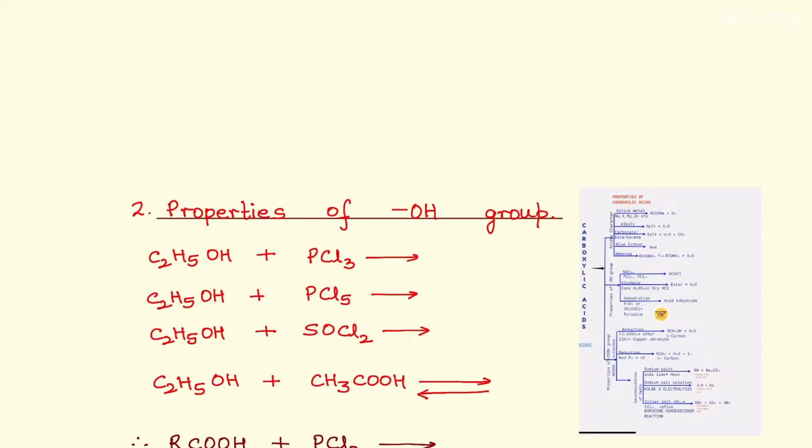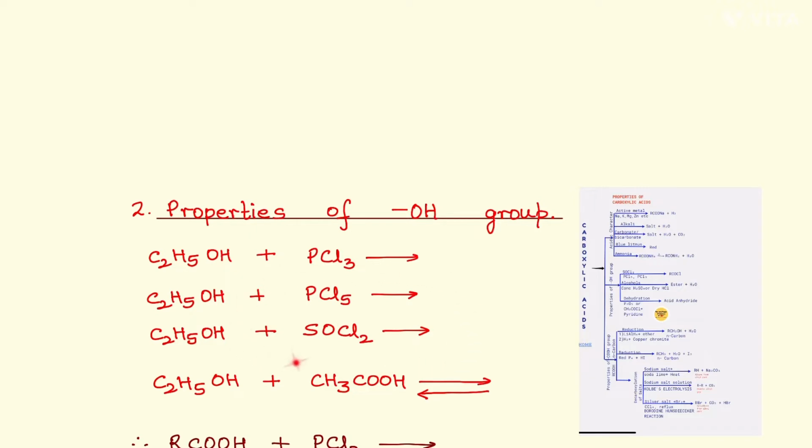When we talk about the properties of the OH group, now we will connect it to our learning in alcohol. C2H5OH plus PCl3, phosphorus trichloride. Alcohols with phosphorus pentachloride, alcohols with thionyl chloride.